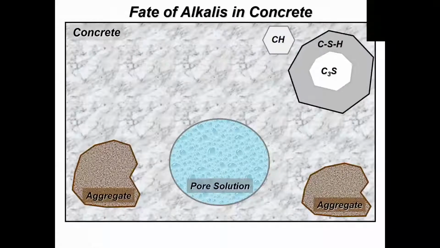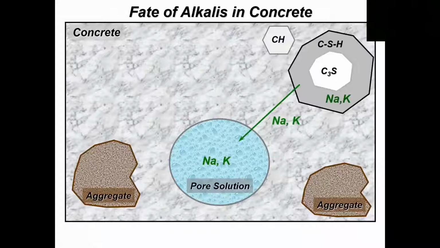And this again is a drawing I think many of you have seen. But if we actually try to follow what happens with the alkalis in concrete, they come from the Portland cement and are quickly pulled out into the pore solution. Most of the alkalis will reside in the pore solution.